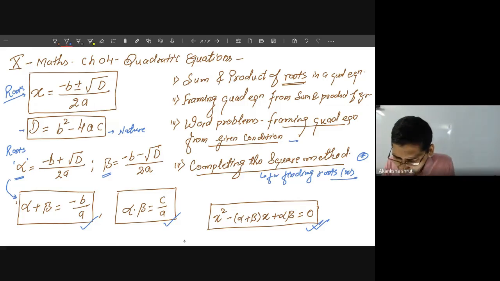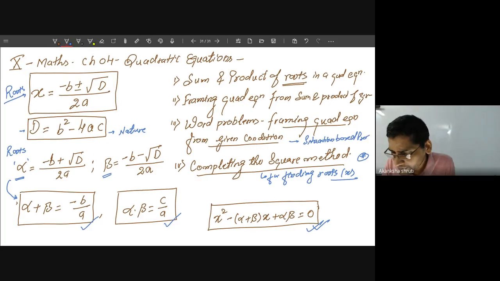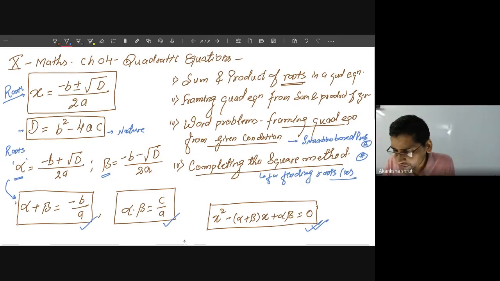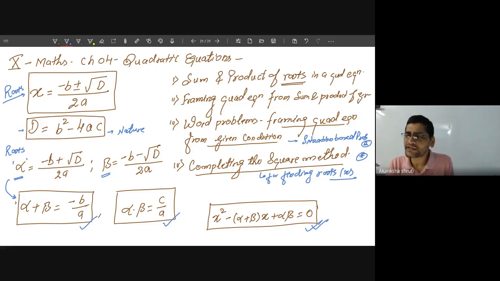In this, the situation based problems are now removed. Situation based problems, like you have to analyze various situations. Say an aeroplane is taking certain time to reach from one location to another, but if the aeroplane is delayed by certain minutes or certain hours, then the speed is increased to reach at the scheduled time.